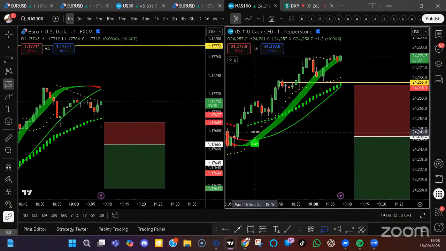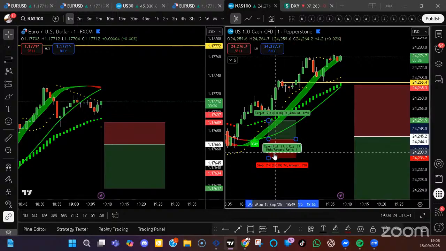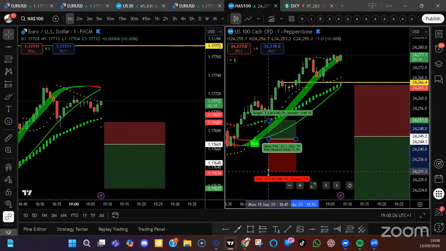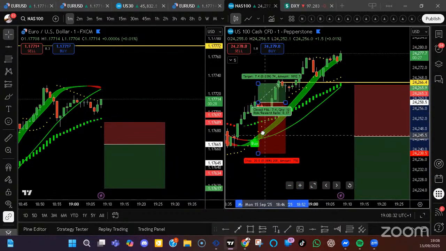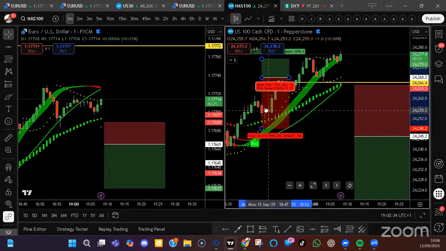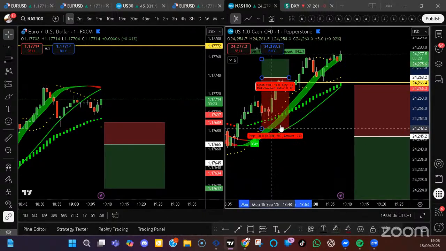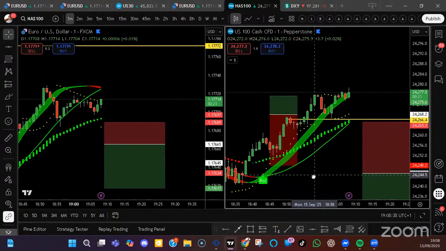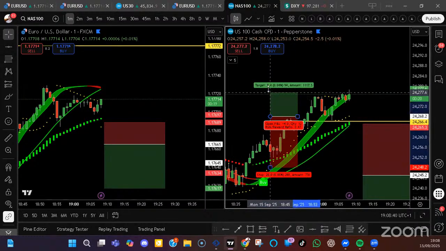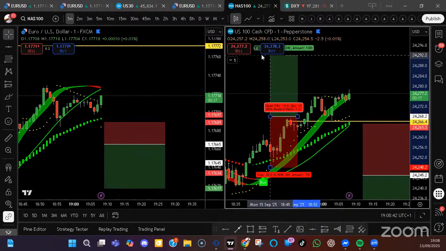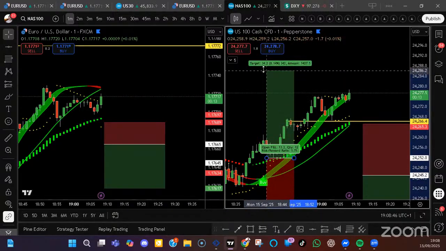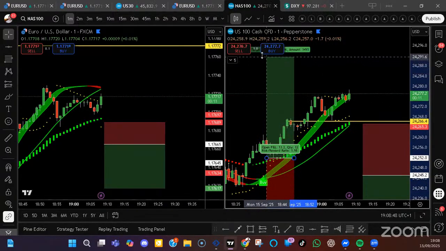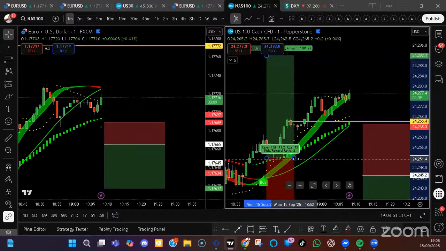Long position, or did it? 2,000 units, which is there. But oh no, it hasn't worked yet, because you need the price to go all the way up to here for you to get your 2 pips.